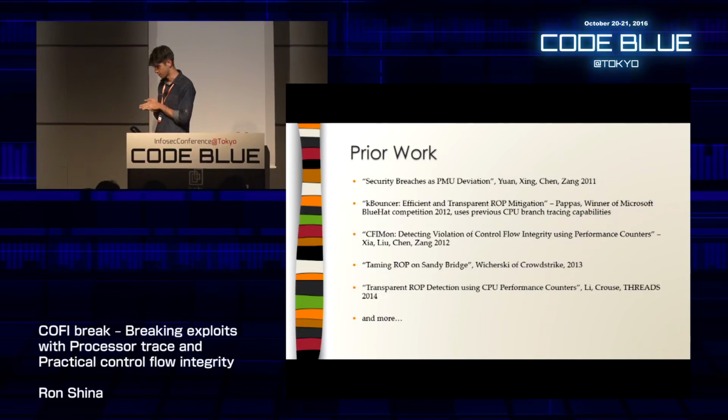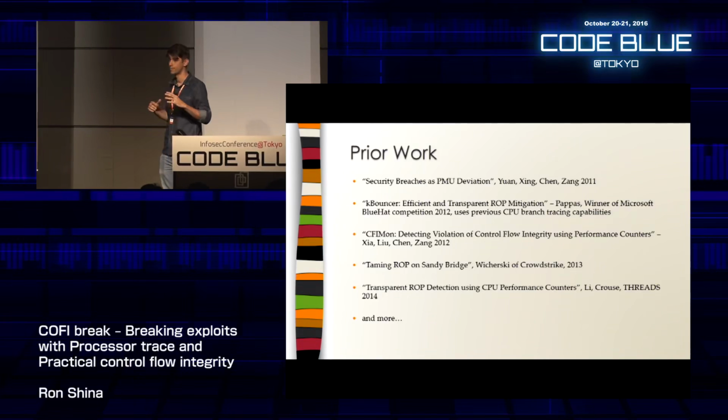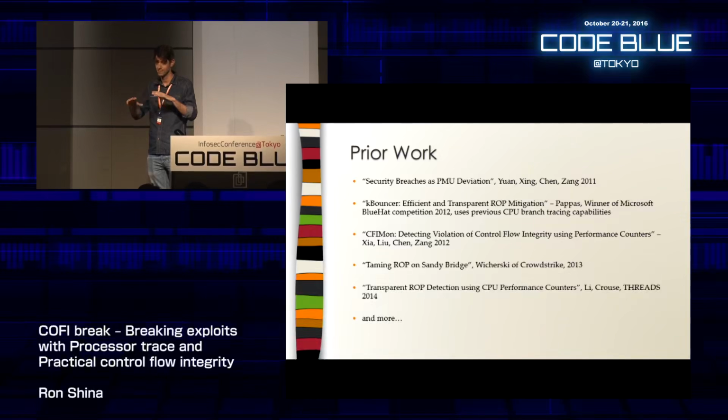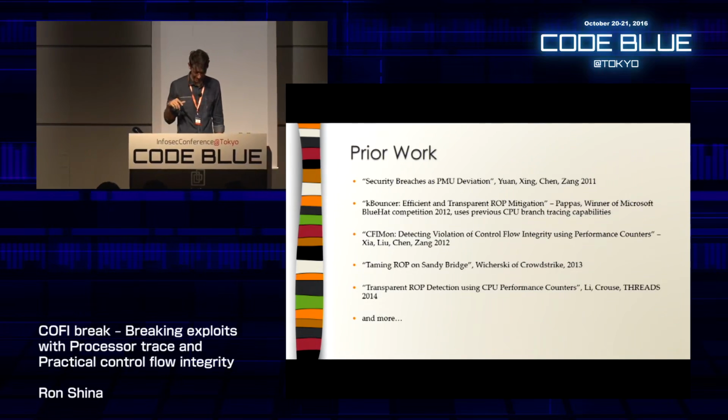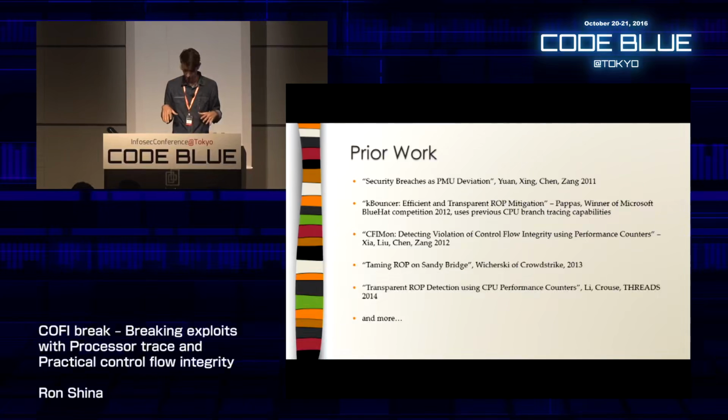It uses a feature called last branch record. But basically, it looks at the previous branches in some sense like tracing, but a very, very small part, which is similar to ours. And most of the other work uses the performance monitoring unit that I mentioned.